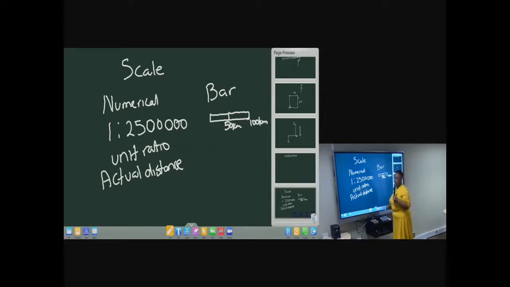If you're given a map, the first thing you do on your map is measure the distance between the towns using a ruler. So whenever you get to an exam, you need to have a ruler, because you won't know whether you will be given a map where you have to measure and calculate an actual distance.